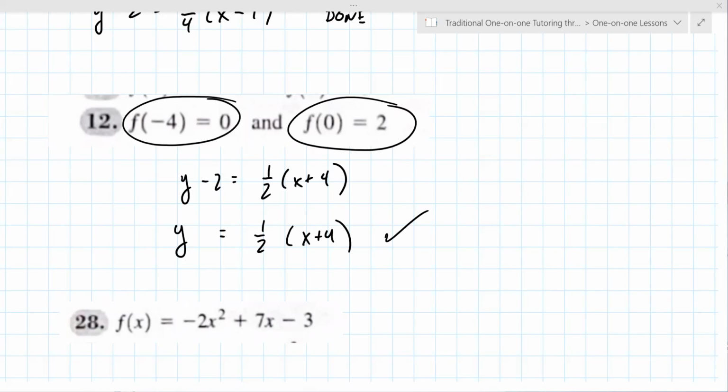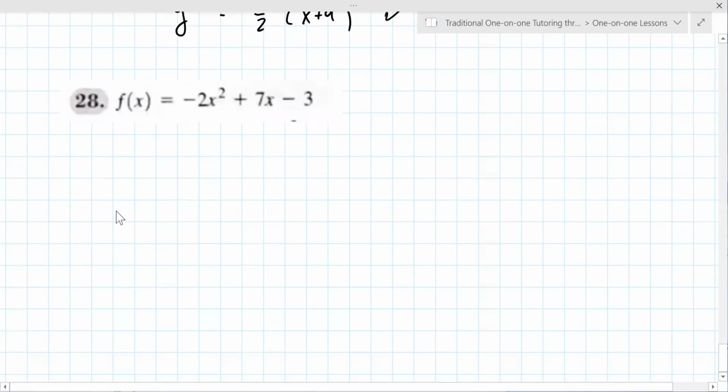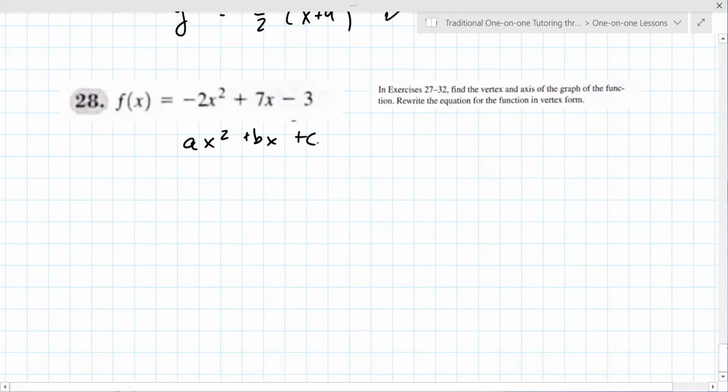All right. Write the equation, vertex. Okay, so the instructions say find the vertex. When it's in this form, ax squared plus bx plus c, the vertex is x equals minus b over 2a.